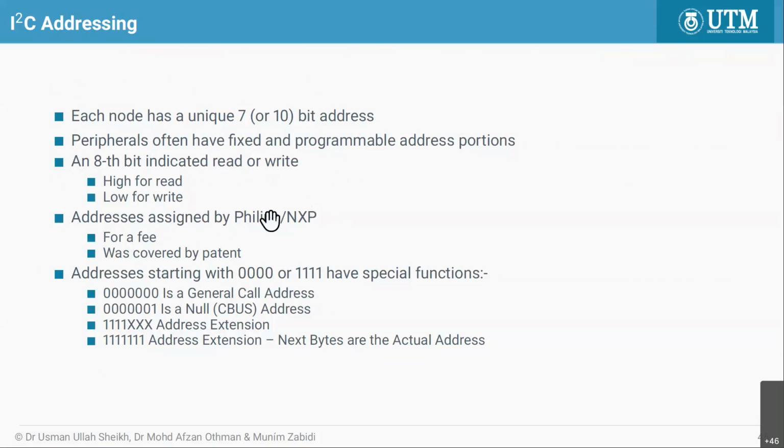The addresses are assigned by Philips. Now because the patent is over, they probably still do it, but they cannot charge for the use, but they still manage the address assignment. And there are some addresses with special functions.